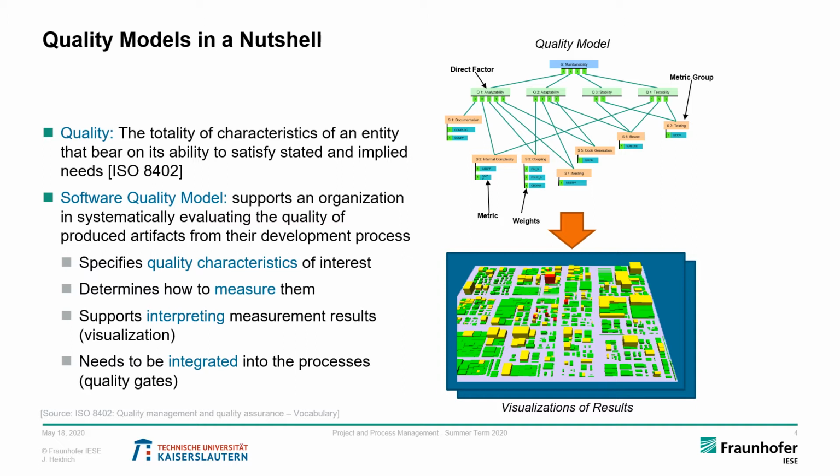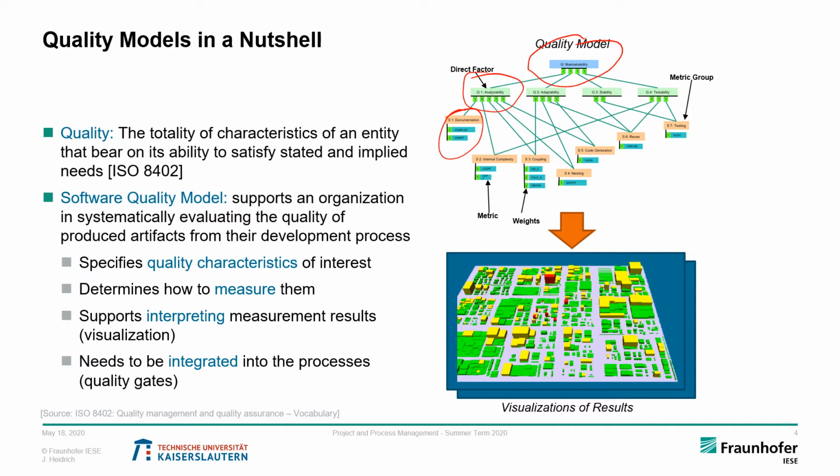So as you can see in the example on the right-hand side here, basically software quality is broken down from typically a quite abstract concept such as maintainability into more measurable concepts down to the level of concrete metrics that we can calculate and that we can hopefully objectively measure based on one of the measurement objects.